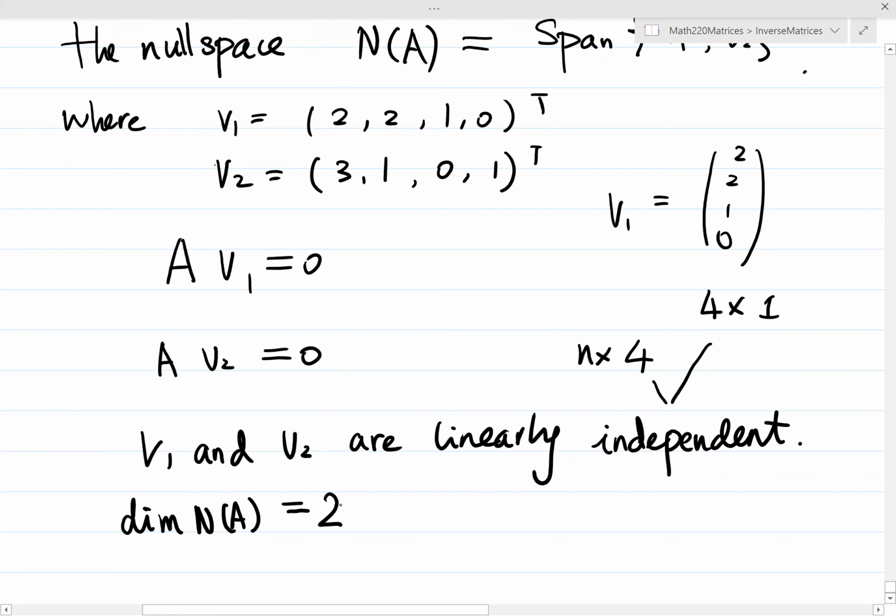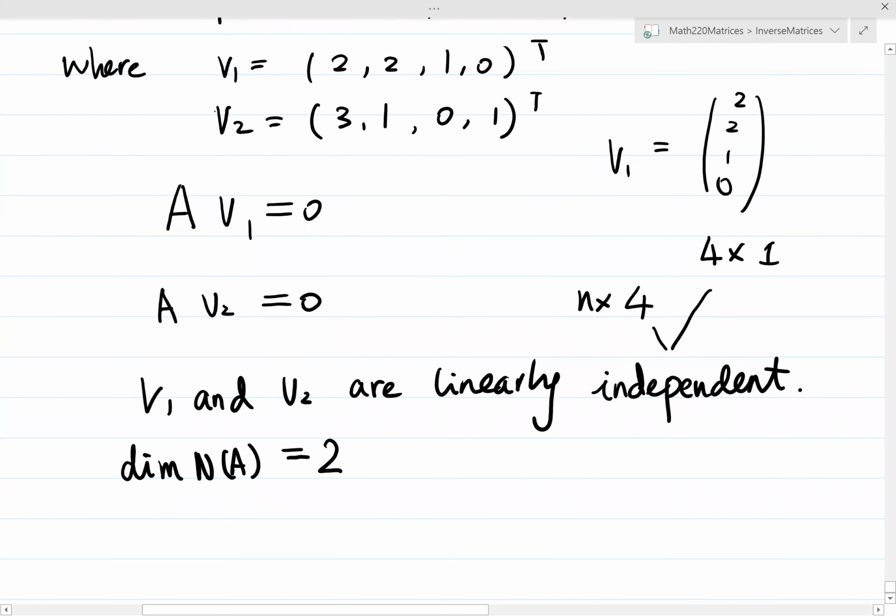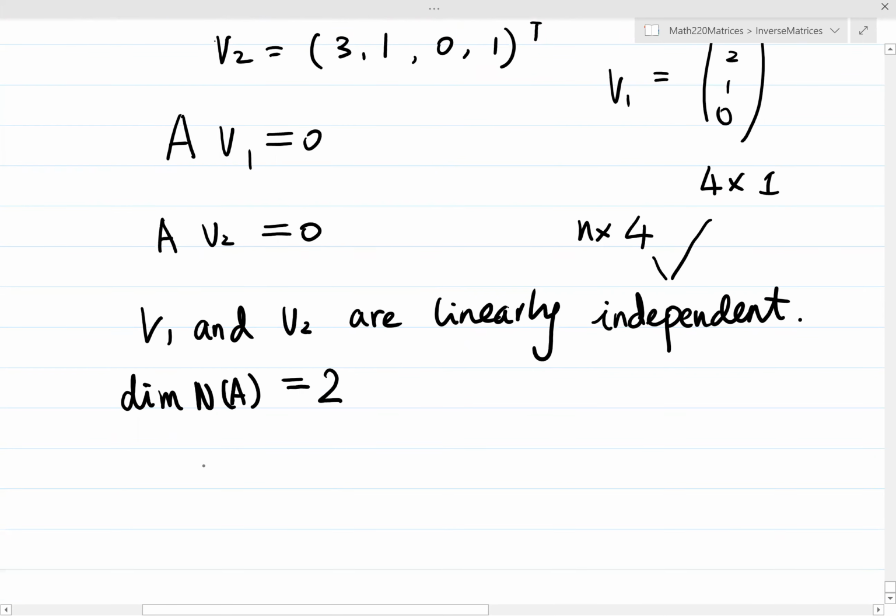Now the number of columns of A is 4. So by the rank-nullity equation, the dimension of the null space plus the rank of the matrix should be equal to the number of columns, which should be 4.